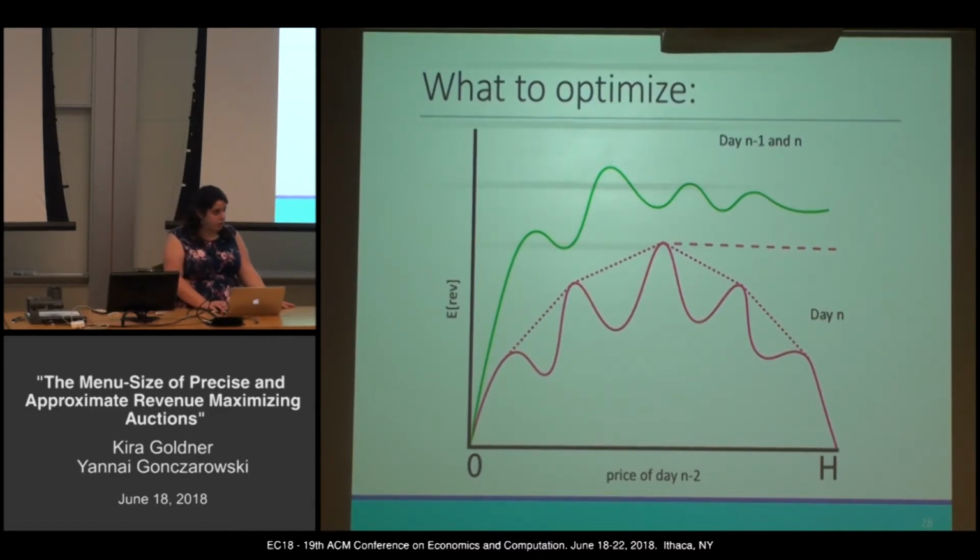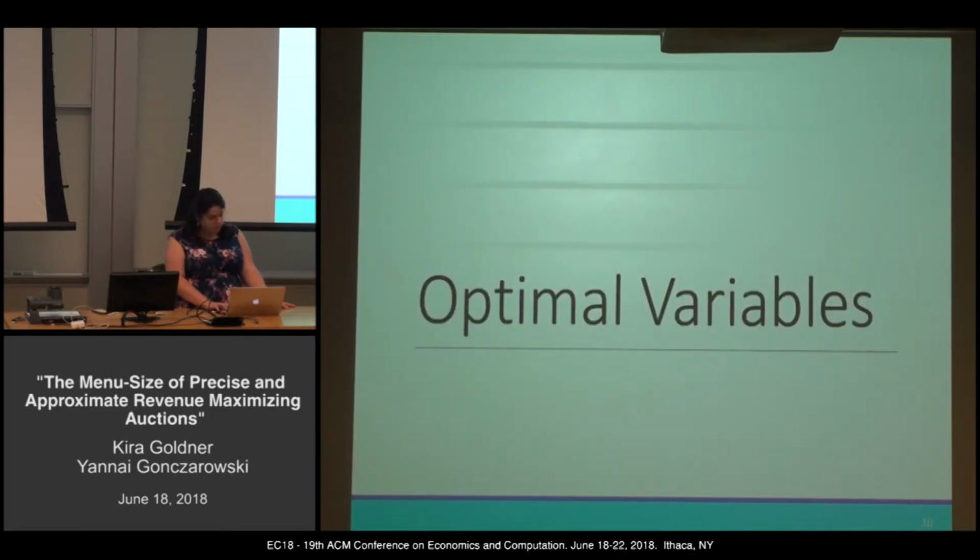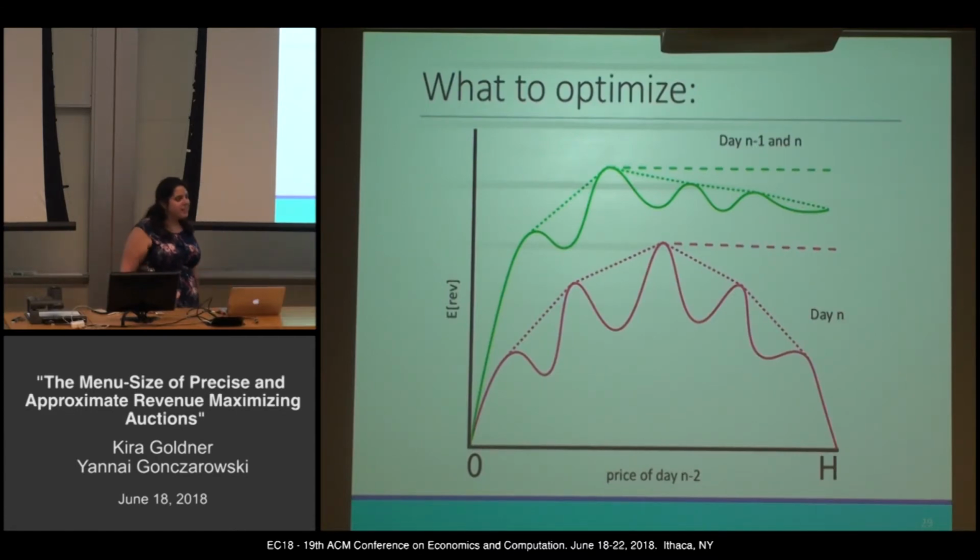Do you flatline if you have like 3 days? Good question. Yes. Exactly. So then you're going to iron it, and you're going to post the flat line past the peak, because this is exactly what you can achieve for any price that you would set on day n-2. Good question. Okay. Any questions about the combined revenue curve?